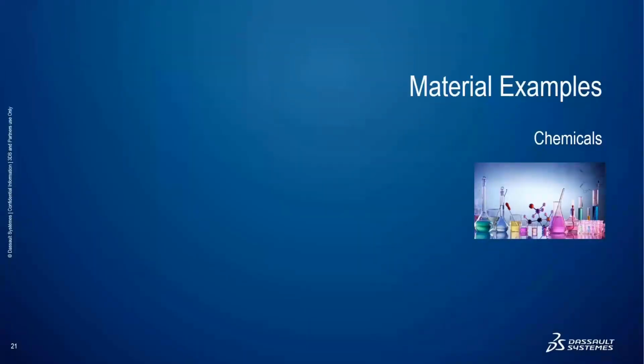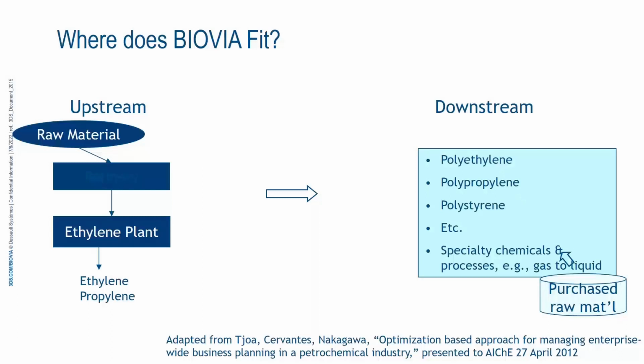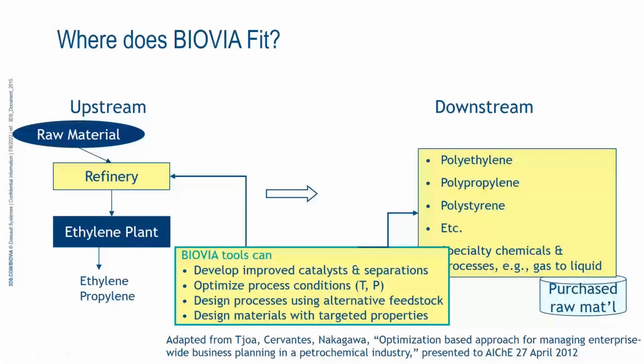Where you have a refinery, you have an upstream and a downstream, and you try to find out what catalyst will be required, how it will get separated, what my optimum process conditions are, and what kind of feedstock I'll be using. And this is something you see: an optimization-based approach for managing enterprise-wide business planning in the petrochemical industry. Many companies have presented this.